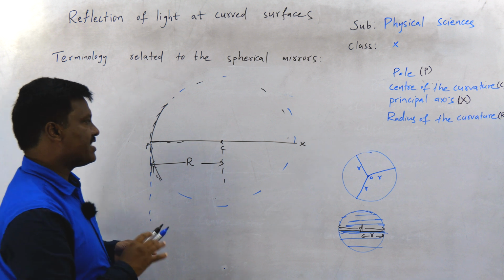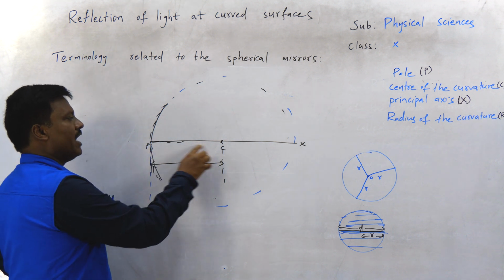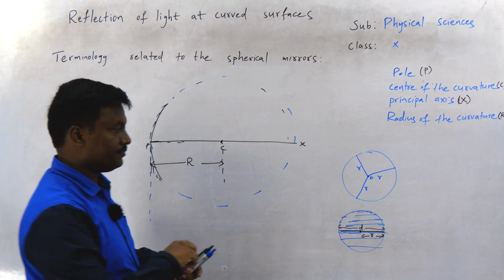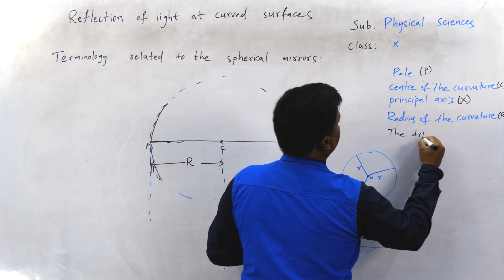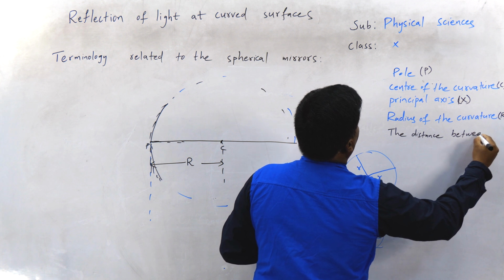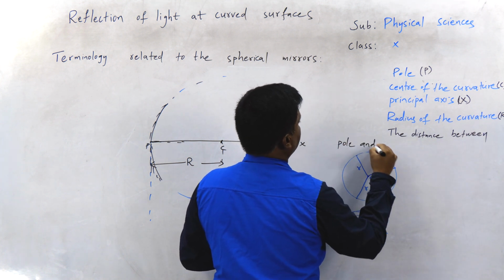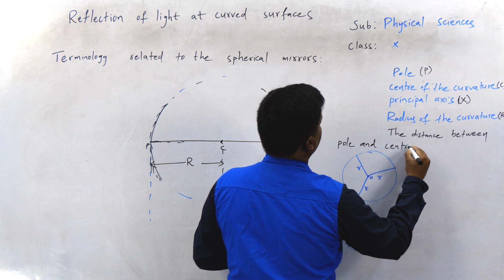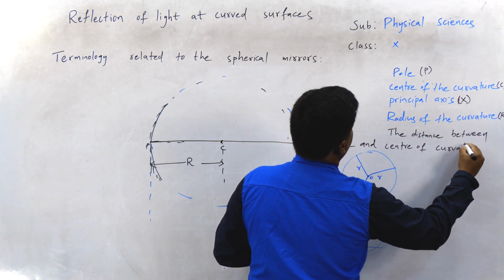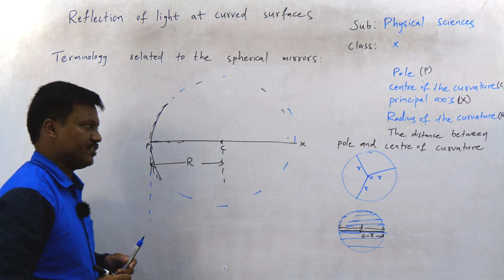So what is the radius of the curvature? Radius of the curvature is defined as the distance between pole and center of the curvature.